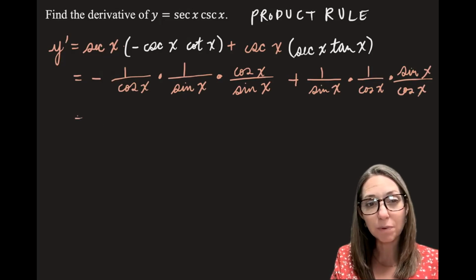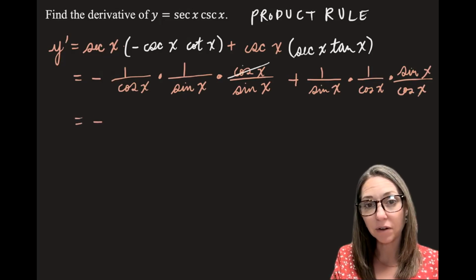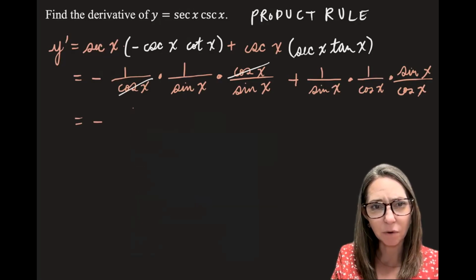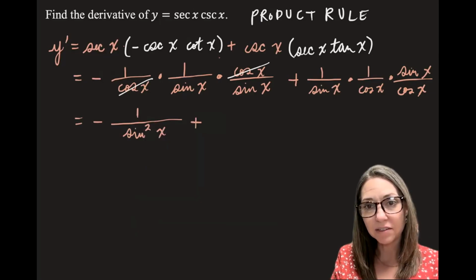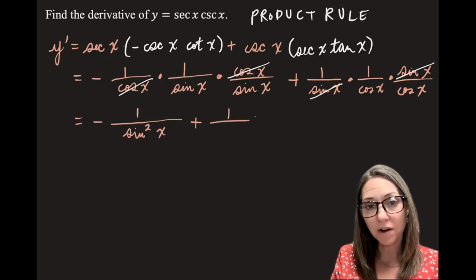So when we multiply all these together, you can see that in this first fraction, we'll have a cosine divided by a cosine. So we'll have negative 1 over sine squared x plus, same thing over here, we've got sine divided by sine, so plus 1 over cosine squared x.